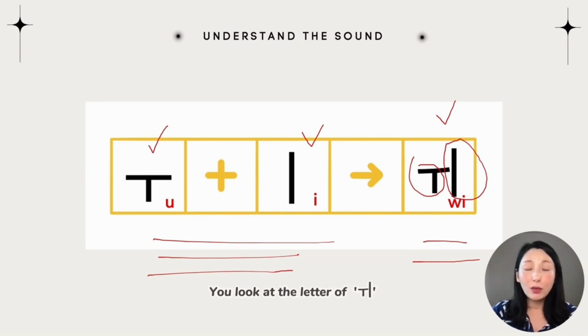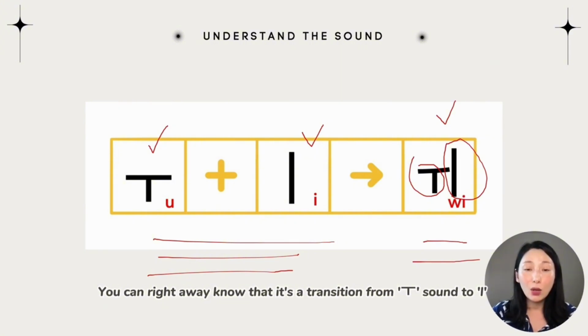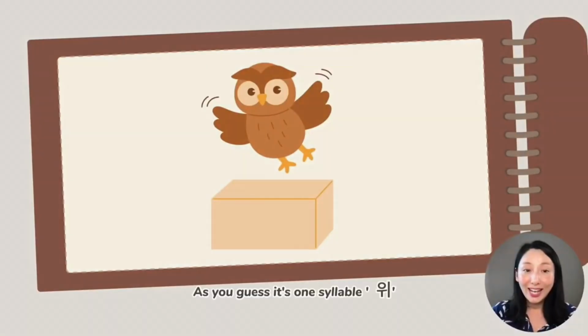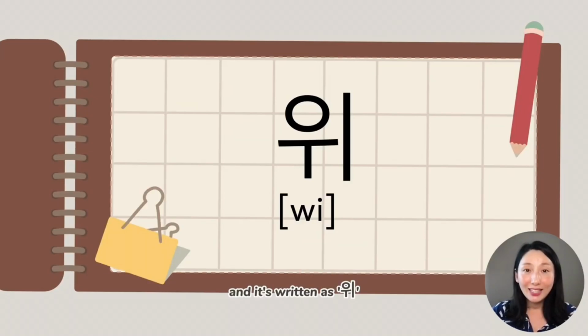You look at the letter of we, and you can right away know that it's a transition from oo sound to e. As you guess, it's one syllable we, which means above.